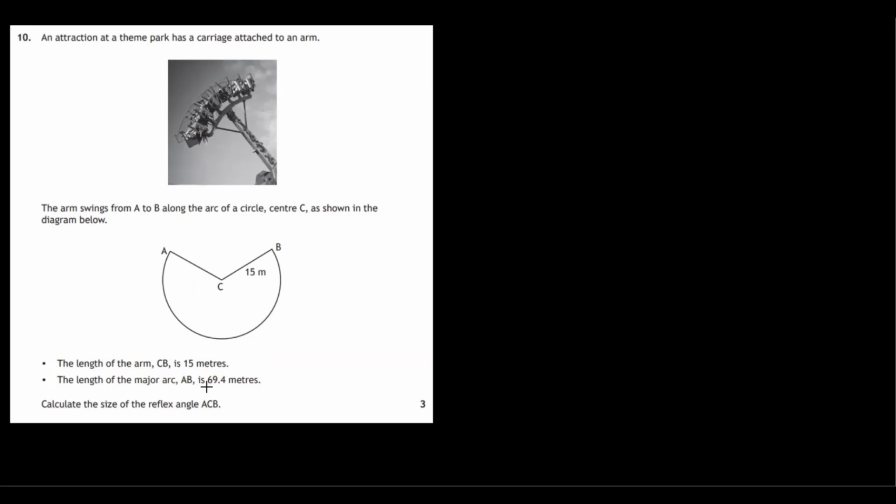And we're given the arc length, so that's 69.4. And that's the major arc AB, so it would be this arc. And we're trying to find this angle over here. So we would just use the formula for finding the angle. So theta equals arc length over circumference times 360.